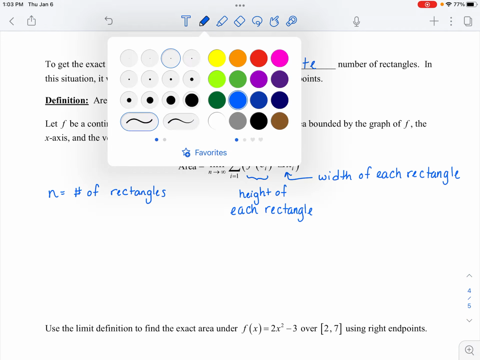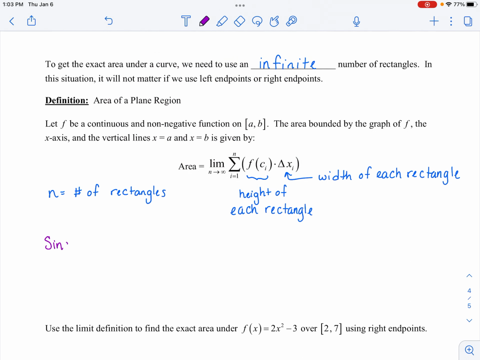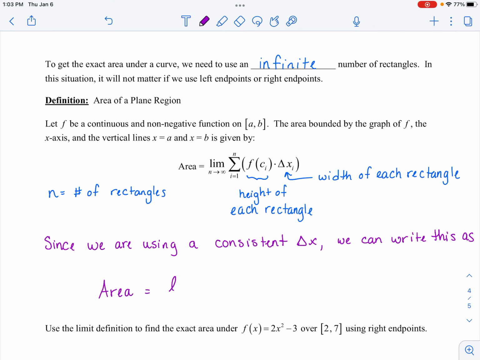Since we are using a consistent delta x, we can write this formula as area equals the limit as n approaches infinity of the summation from i equals 1 to n of, and we can write it the way that we had written earlier, delta x times f of x sub i, okay?